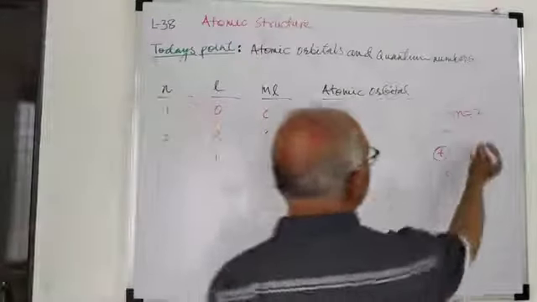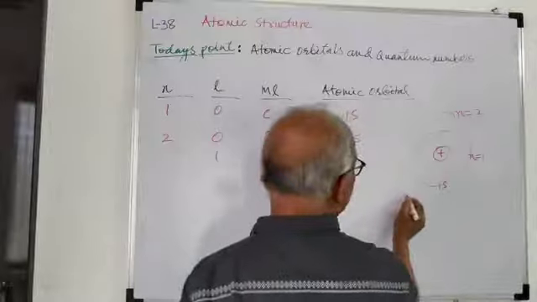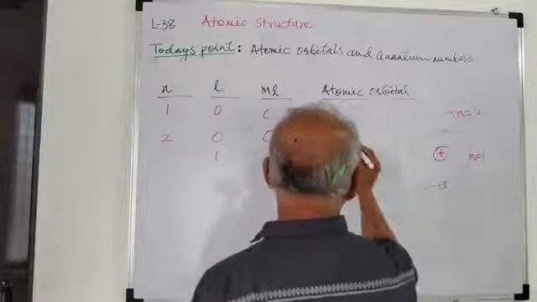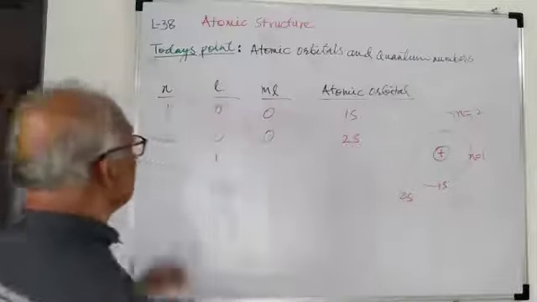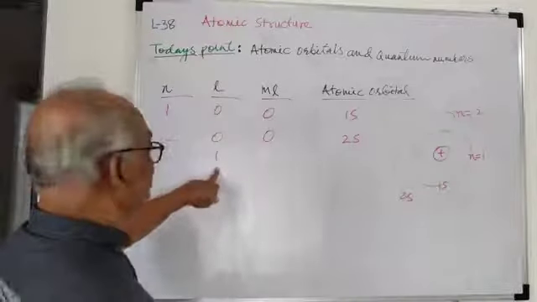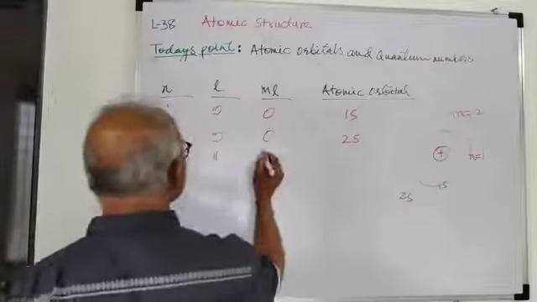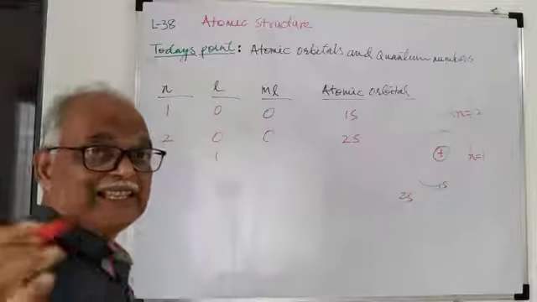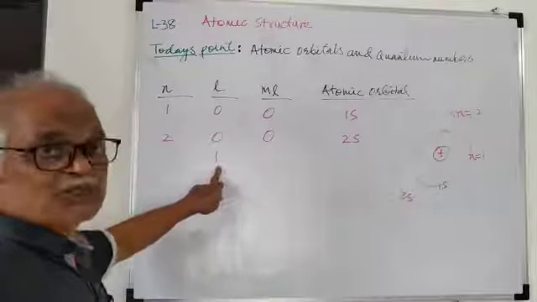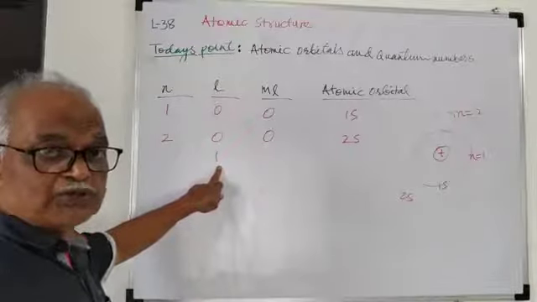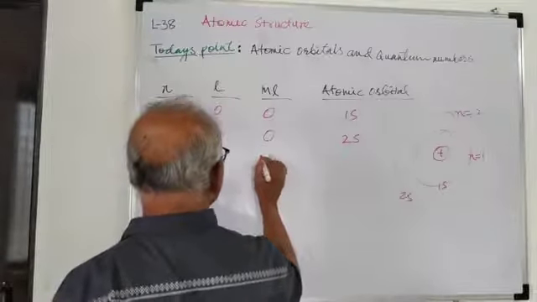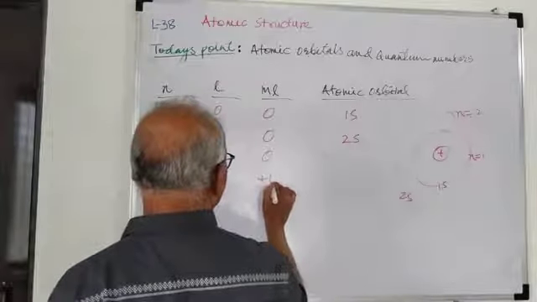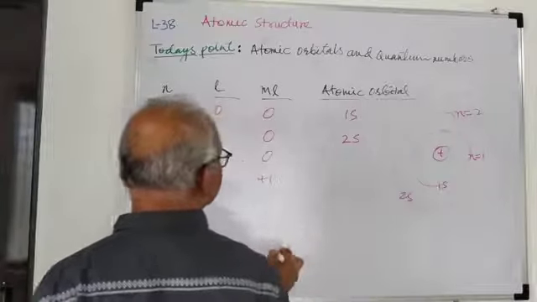So when n is equal to 2, there are 2 types of atomic orbitals. That is this 2s. And when l is equal to 1, ml will have values minus 1, 0 and plus 1. So we will have these three values, 0, plus 1, minus 1.